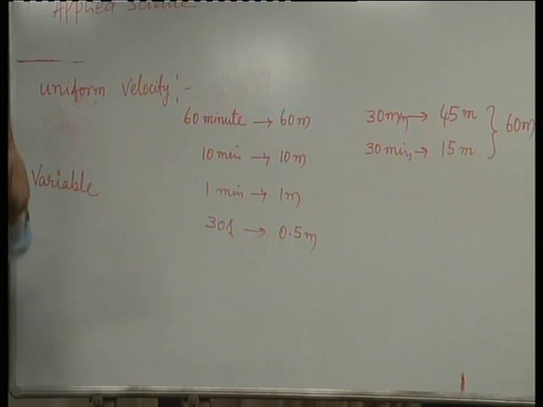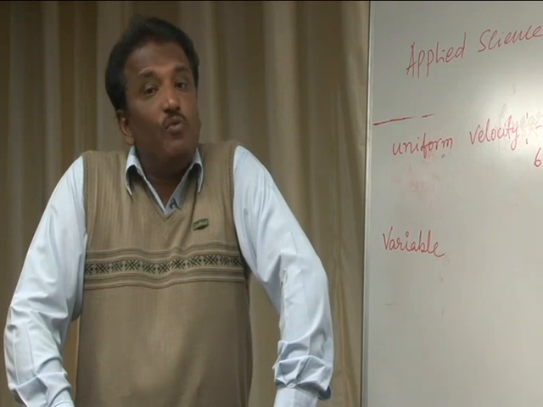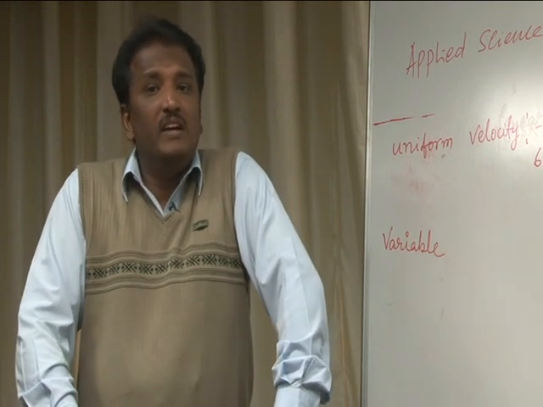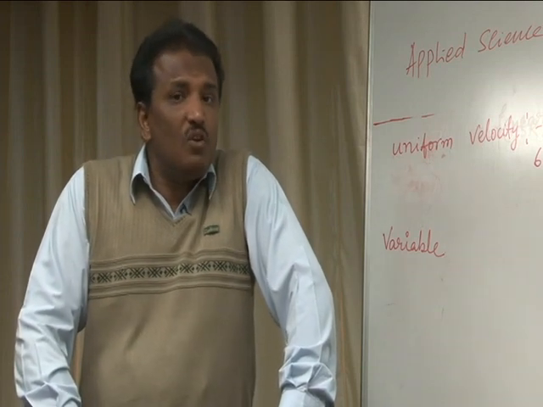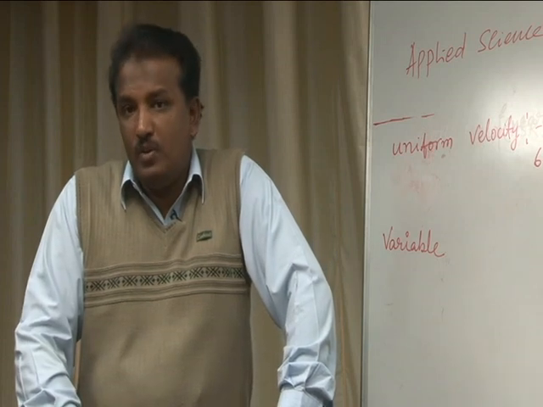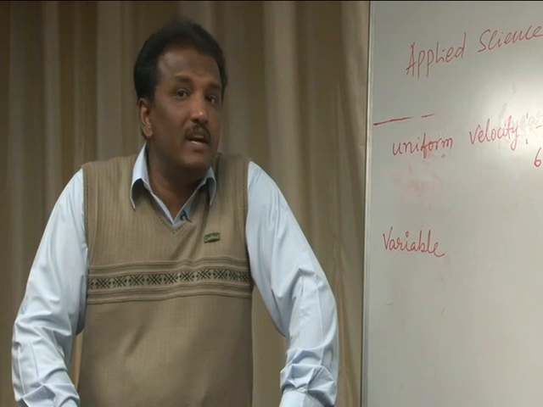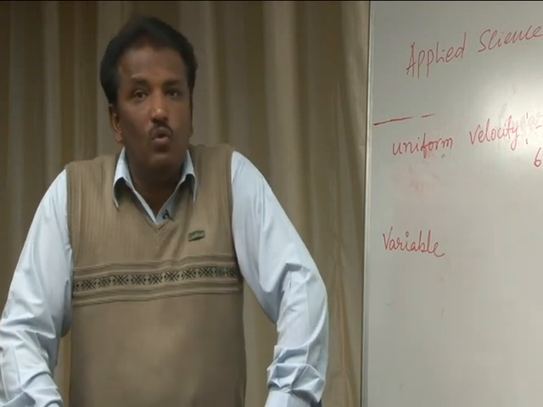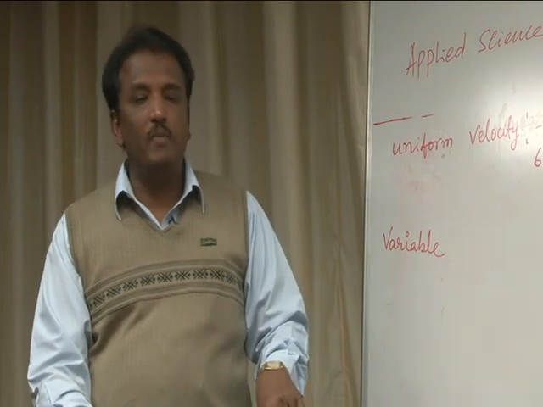Then how can you define the variable velocity? A body is said to possess a variable velocity if it does not cover equal displacements in equal intervals of time, however small the intervals may be.